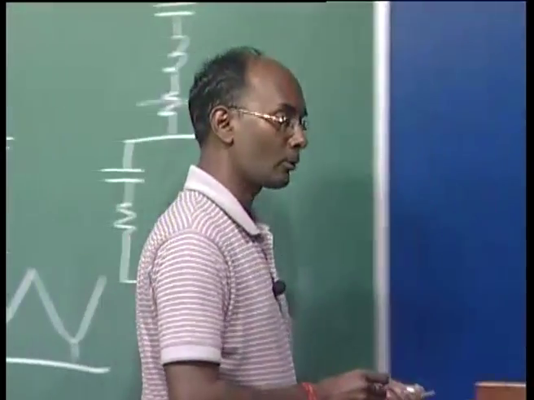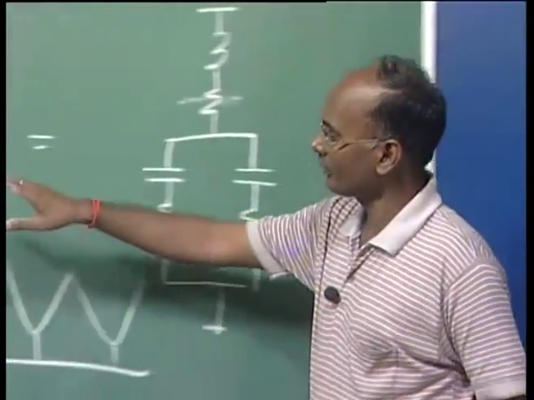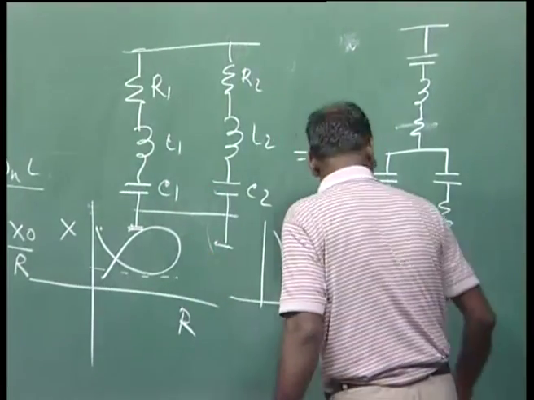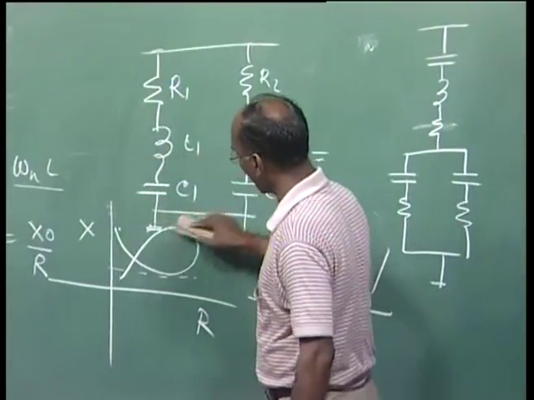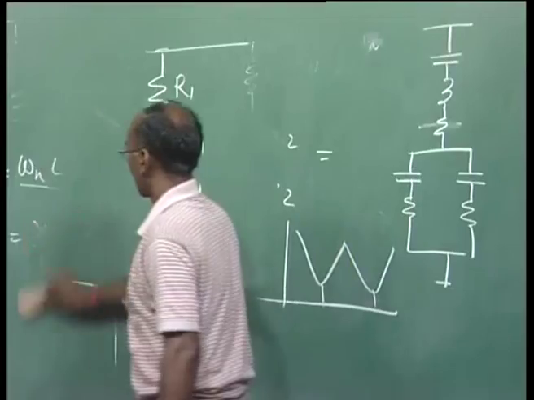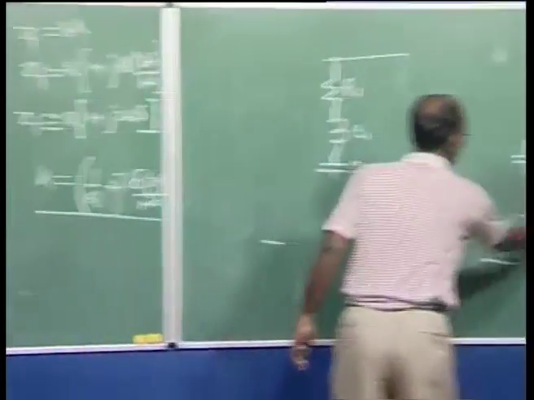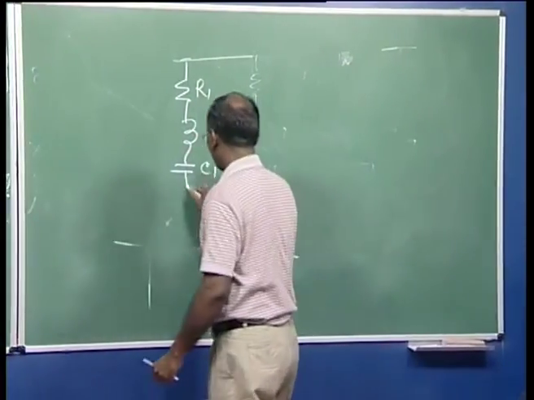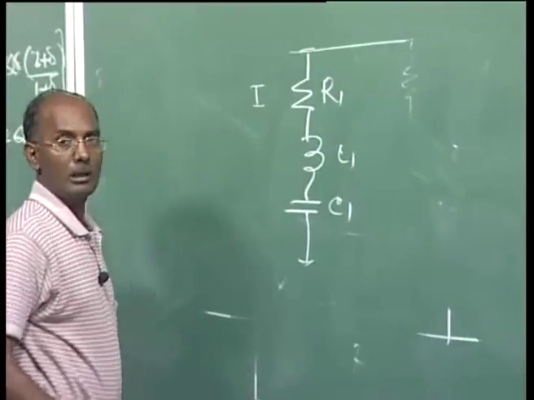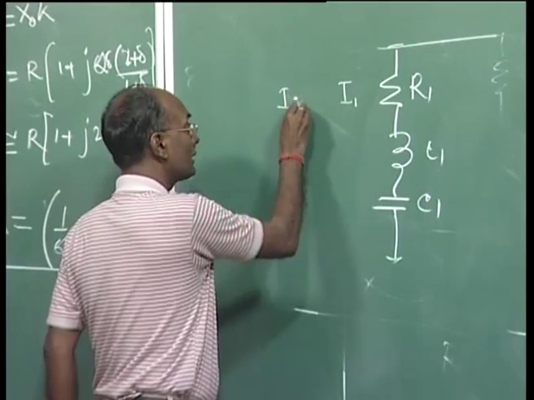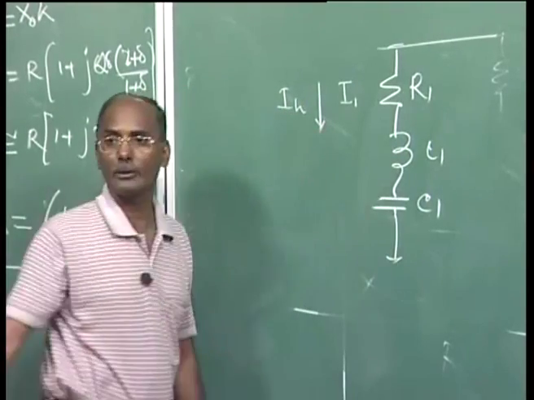Now I am going to show you, if this is a filter which is tuned for any particular harmonic component, meaning it is providing the minimum impedance, whether its circuit is behaving like a capacitive circuit or the reactive power it is providing at the fundamental frequency. Let's suppose the current flowing here is I. I1 is for the fundamental component, and IH is for the harmonic for which it is designed, the tuning.